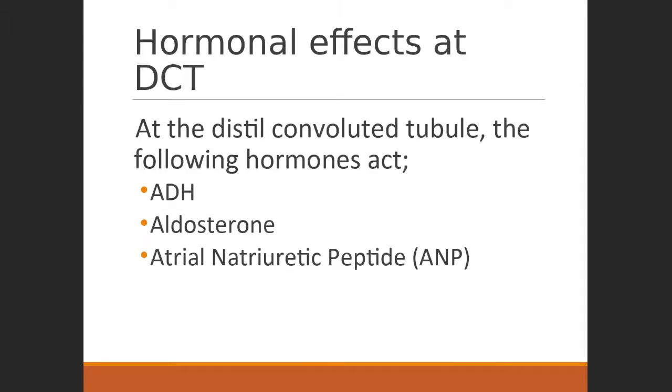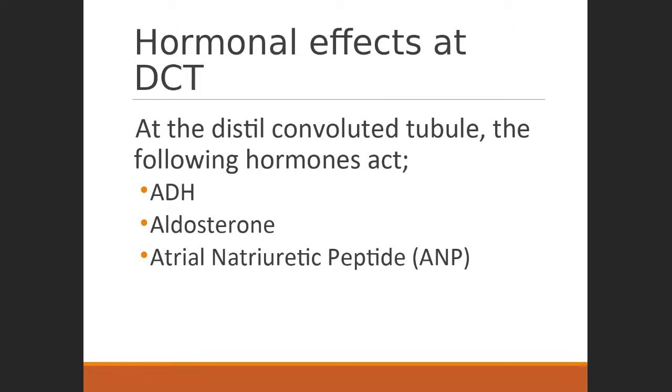Aldosterone being the main hormone that we have to increase water reabsorption, therefore increasing blood volume and increasing blood pressure. Aldosterone is directly involved in the reabsorption of salts at our distal convoluted tubule. But as that salt content increases blood osmolarity, now we secondarily get a secretion of ADH to reabsorb a proportional amount of water with those salts.